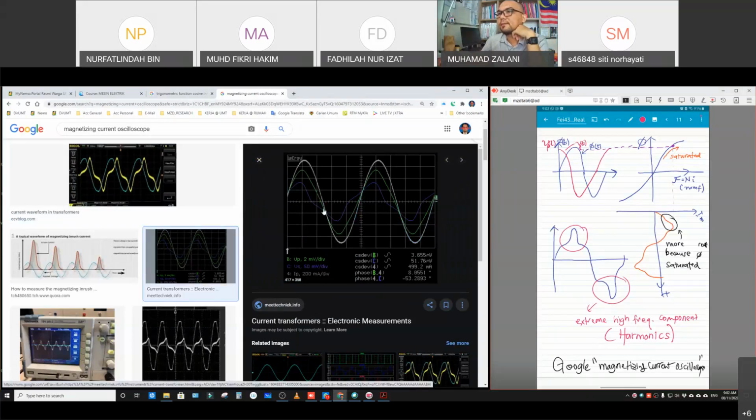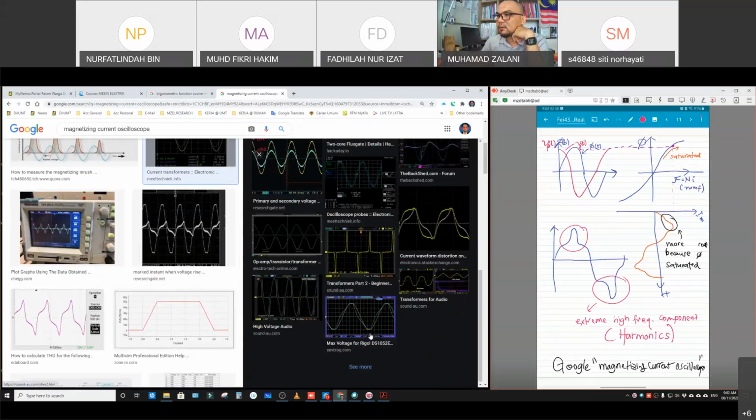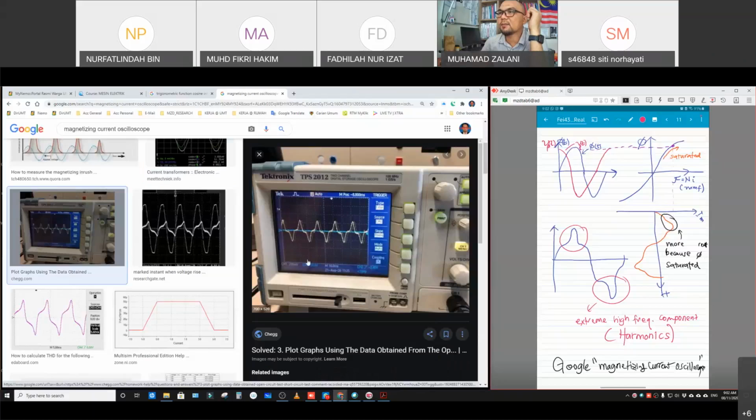Similar to this one, we have a different pattern of the current, but as you can see clearly, it contains harmonics. This is another example. From the oscilloscope, we can see that the current supplied to the transformer is not a pure sine wave like the flux, but is more like something like this.